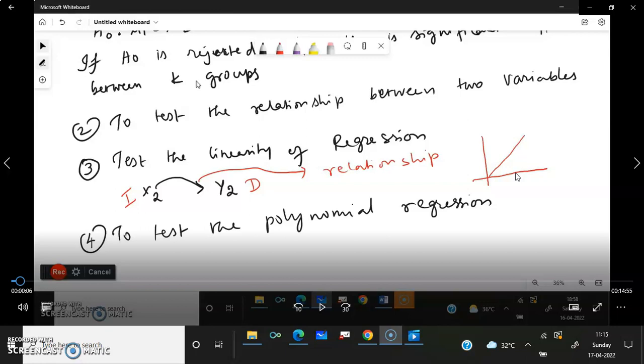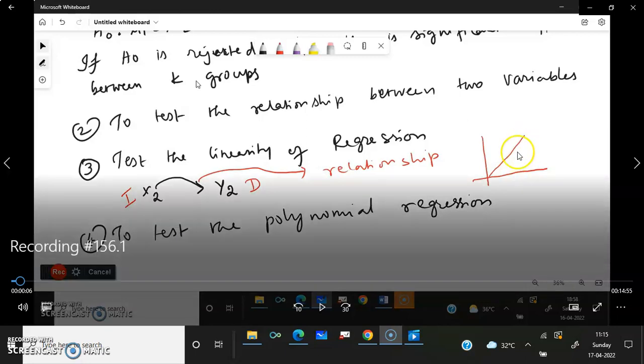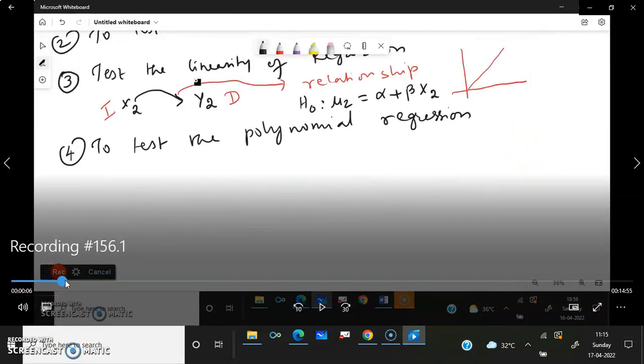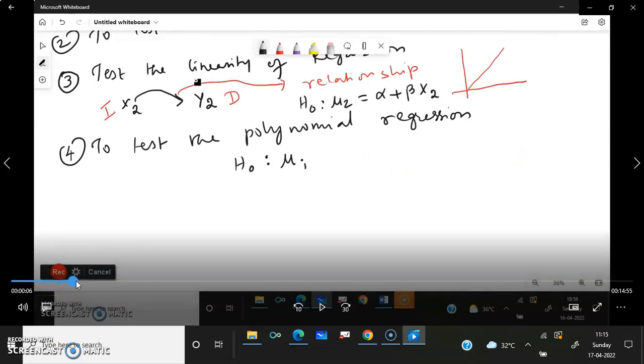So for this we are using ANOVA, to show that the relationship between x and y can be explained by a polynomial of degree k. This is what I explained to you.